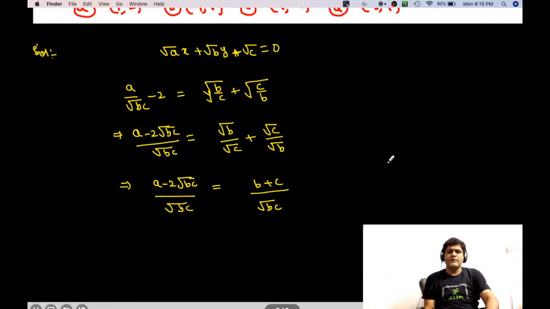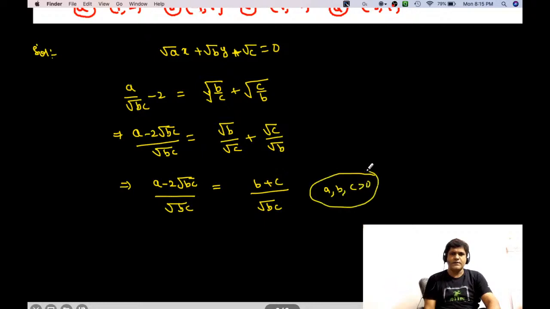Here in the question it is given that a, b, c all are positive. In this condition these two things are positive, non-zero, therefore we can cancel.